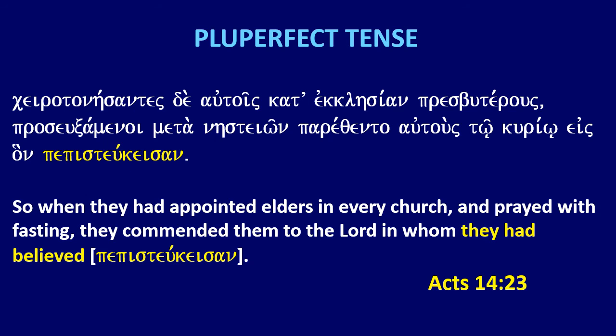So the word for believe here is pistuo, but it's in the pluperfect active indicative third person plural form, pepisteukesin. So you have one use here of the pluperfect tense. Again, past action with a past resulting state from the standpoint of the writer.